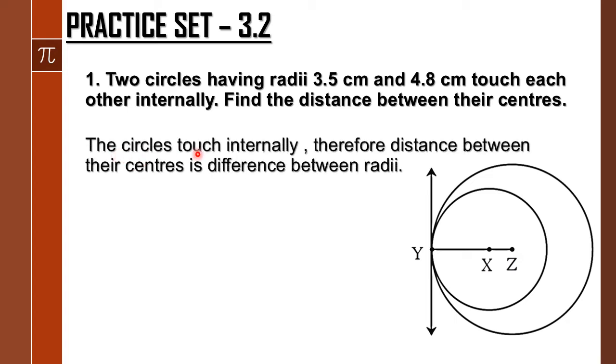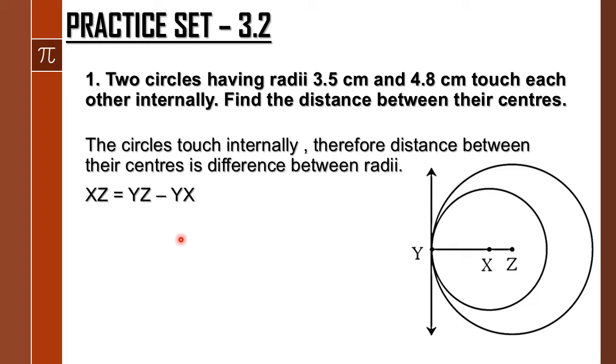So the circles touch internally, therefore the distance between their centers is the difference between their radii. Why? Because if you observe, ZY is the radius of the larger circle, XY is the radius of the smaller circle. From ZY, if you subtract XY, then you will get XZ, which is the distance between their centers.